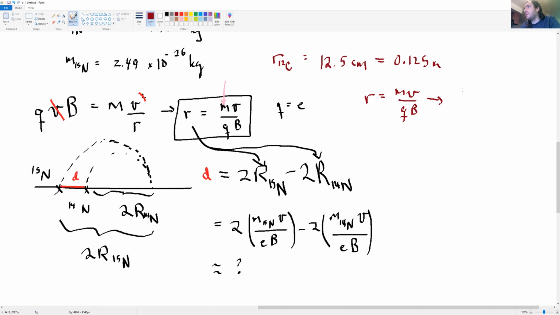And we can multiply the Q over, so QR divided by m, and we have V over B equal to QR over m.